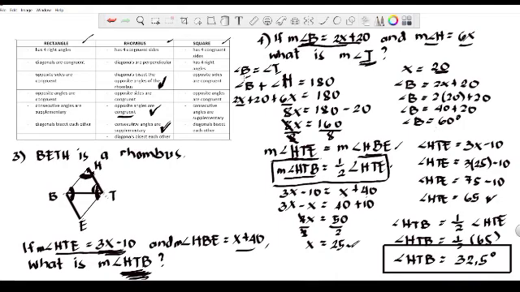Since angle B is 60 degrees, therefore angle T is also 60 degrees.